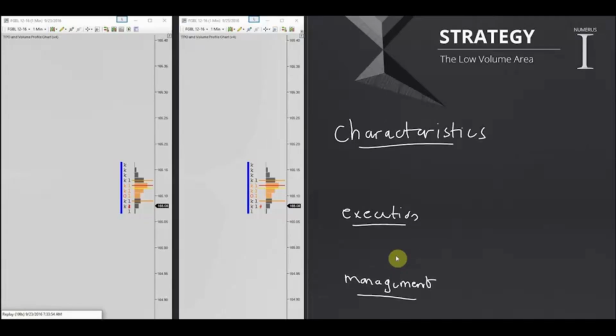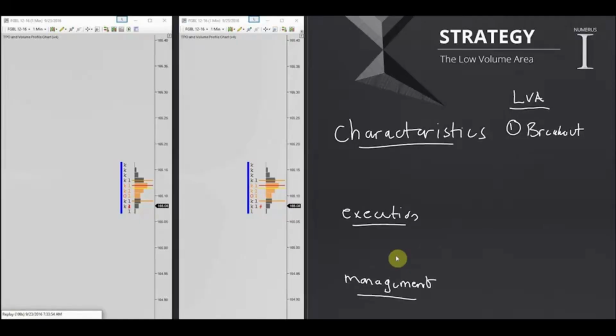So, remember we spoke about, we had three different types of low volume area strategies. The first and foremost was when we had a low volume area which occurred on the breakout. So the most confident was where we had a breakout of the previous day's range and we had a low volume area developing.